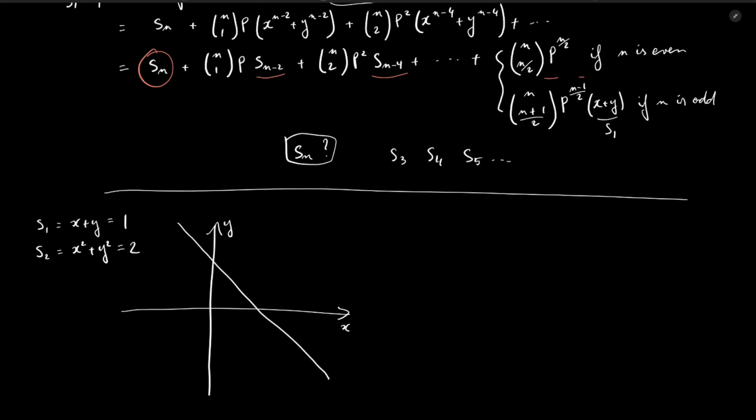And we know that when x equals 0, we have y equal 1. And when y equals 0, we have x equal 1. So basically the line is going to cross the x-axis at x equal 1 and the y-axis at y equal 1.